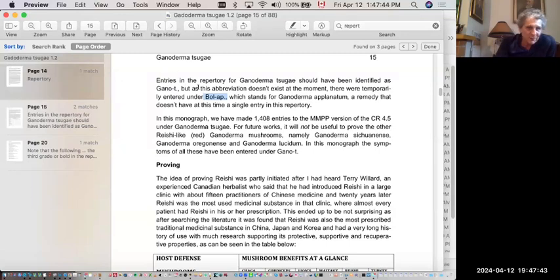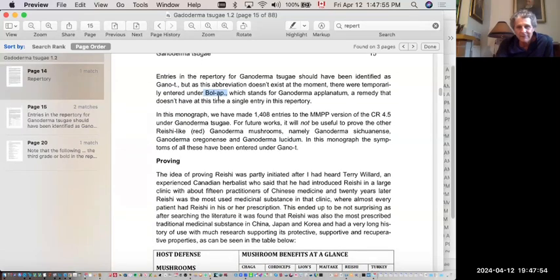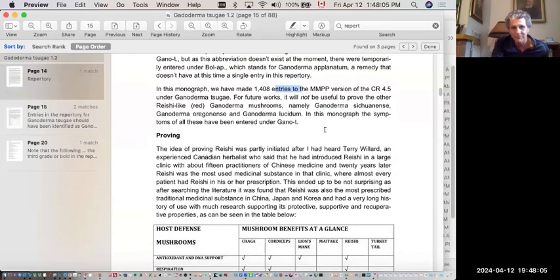And then we're going to transfer all the additions that are here to Ganoderma tsugae, because this one is coming up. This is another medicinal mushroom that is coming up soon. We're going to have it maybe in September. So we made 1,400 entries, new entries to the Materia Pura project remedy.